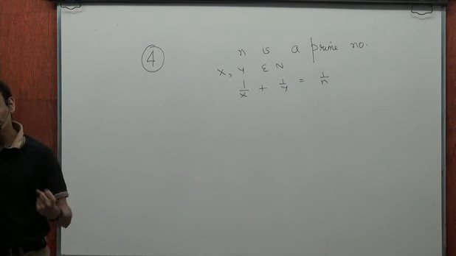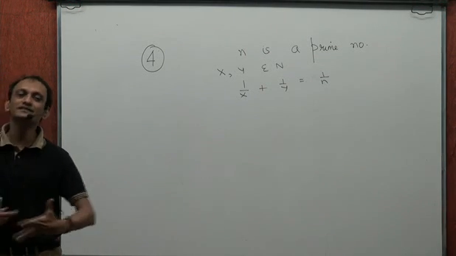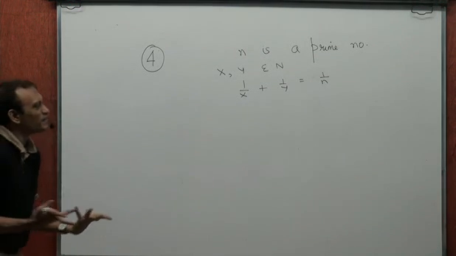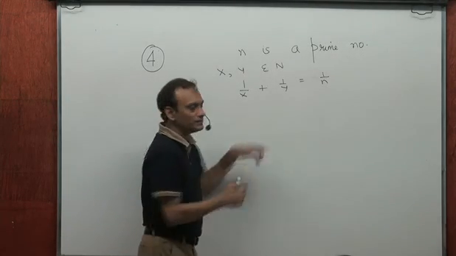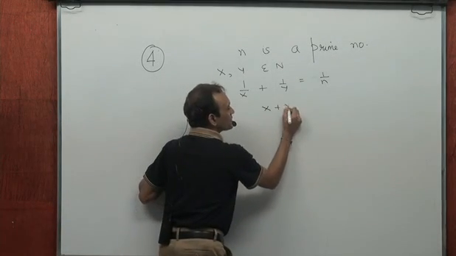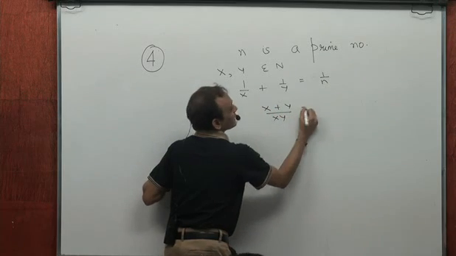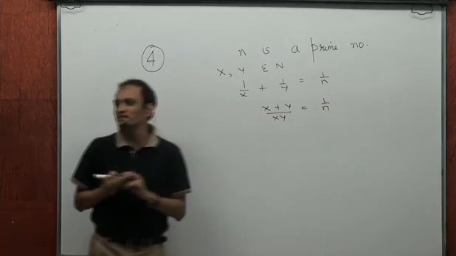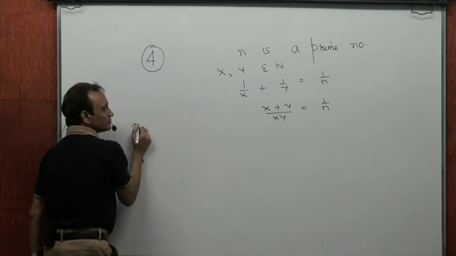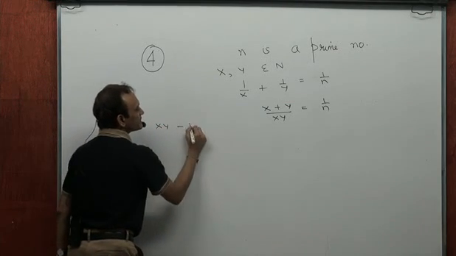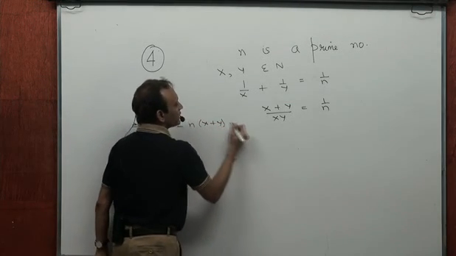So with that courage, let's go ahead and at least simplify matters here. The left hand side is going to be x plus y by xy. That's the best that you can do with this expression, right? Which then would mean xy minus n into x plus y is 0.